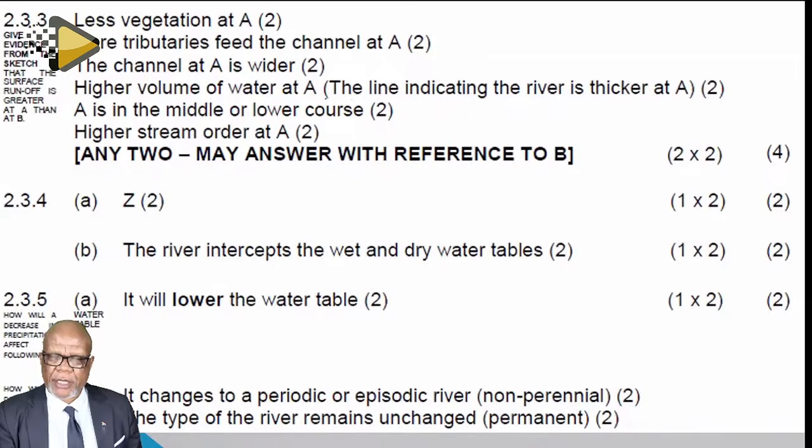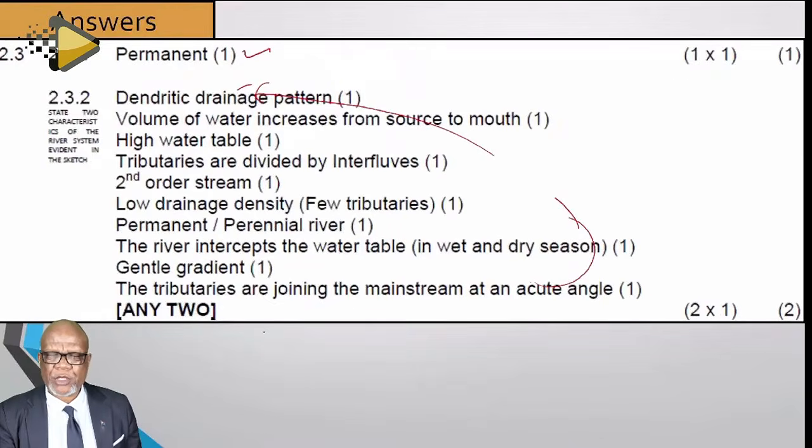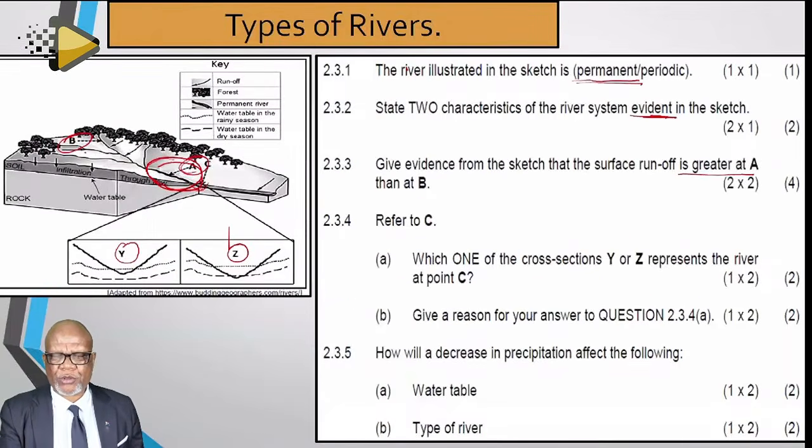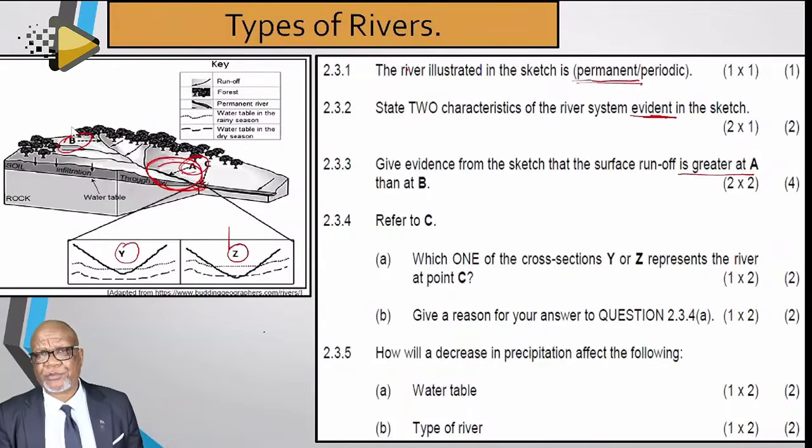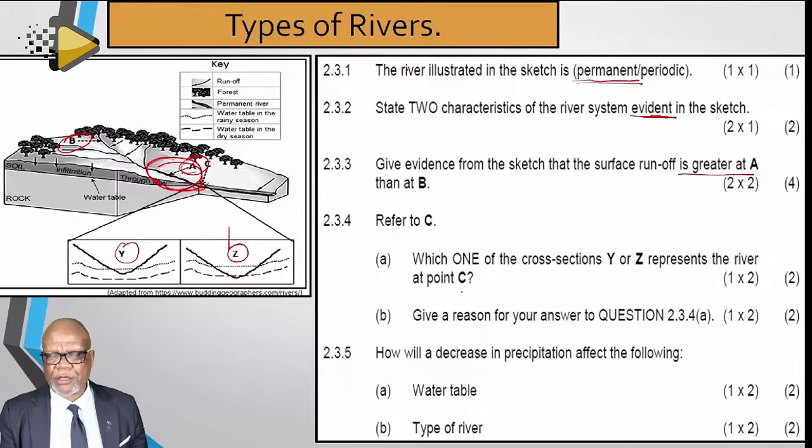Higher volume of water at A. A is in the middle or lower course, higher stream order at A. So these are the characteristics that you should know: the volume of water will be higher at A than at B, because the volume of water increases as the river flows towards the mouth.